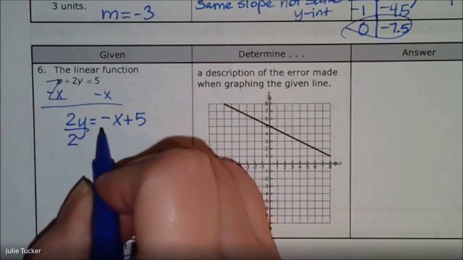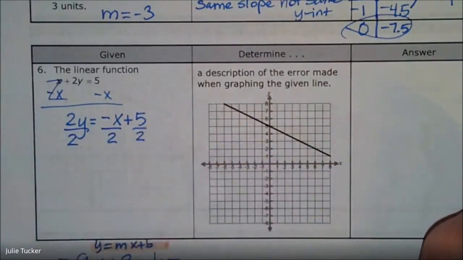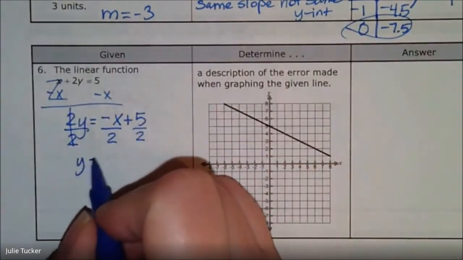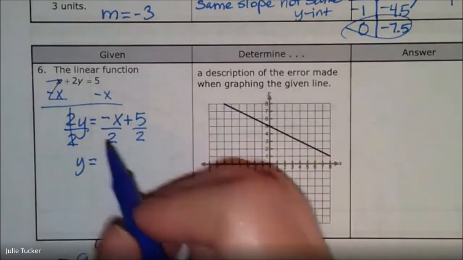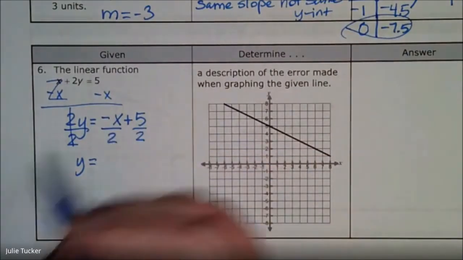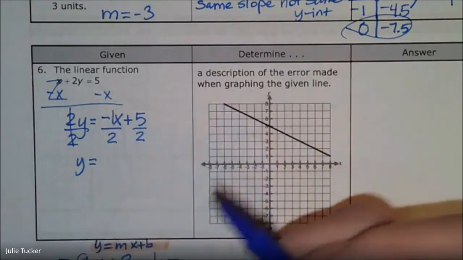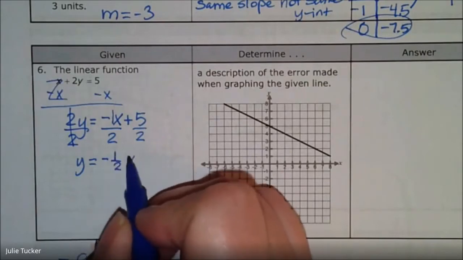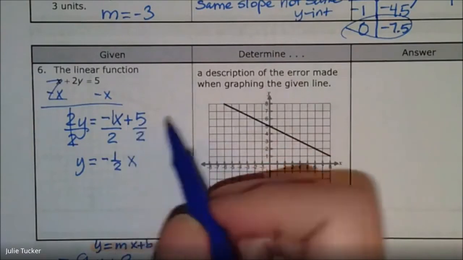Good. So I'm going to make everything a fraction of 2. So now that becomes 1y. This is a little bit difficult to understand, but you know that when there's no number in front of the variable, it's a 1, right? So that's -1/2 x. And then plus 5/2.